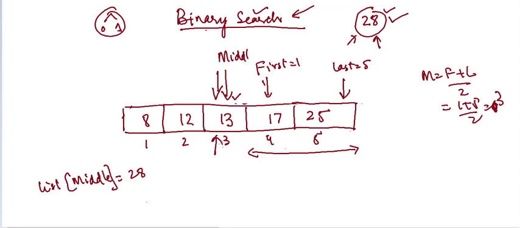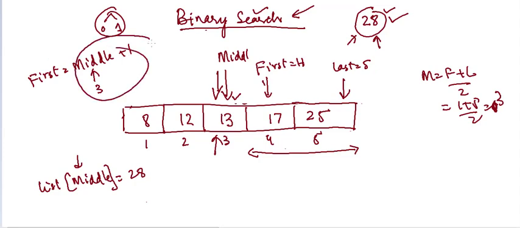First now becomes equal to 4, because first can be calculated as first equals middle plus 1. We had already checked middle and could not find our item in list middle. Middle was equal to 3, so now we have come out with the value of first, which is 4.